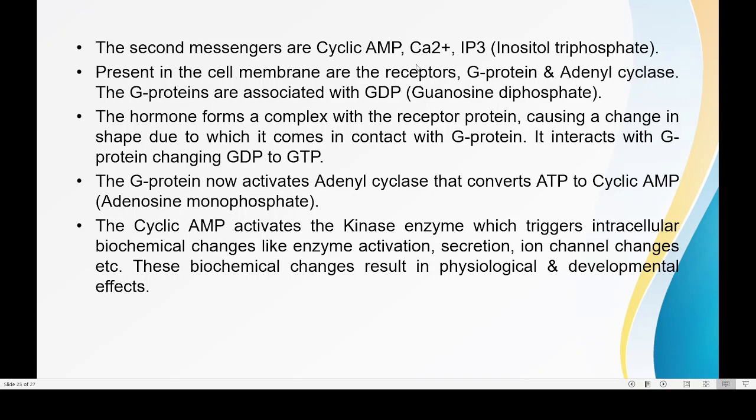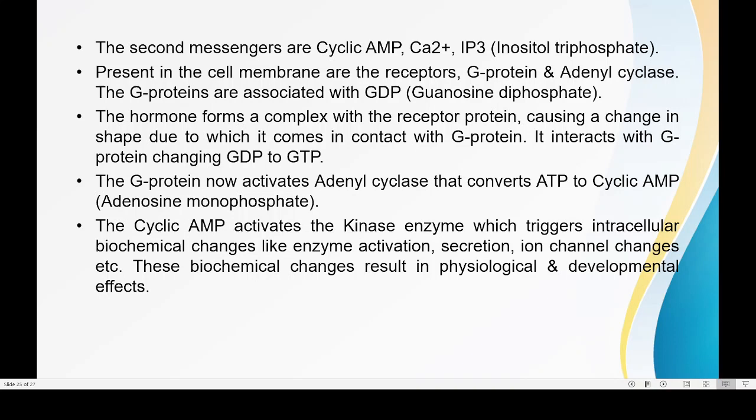The second messenger is usually called cyclic AMP. Different types of second messengers exist. Cyclic AMP is one example. Calcium ions are another example. IP3, or inositol triphosphate, is another type. All these act as a middleman.